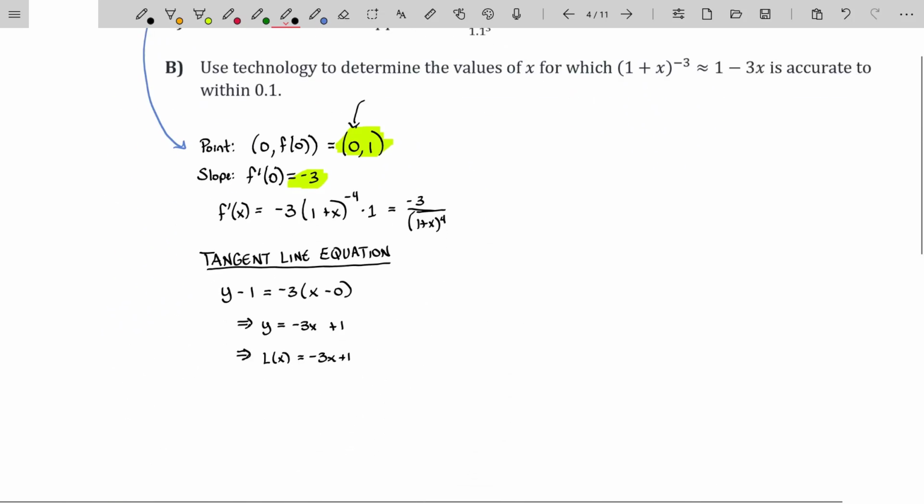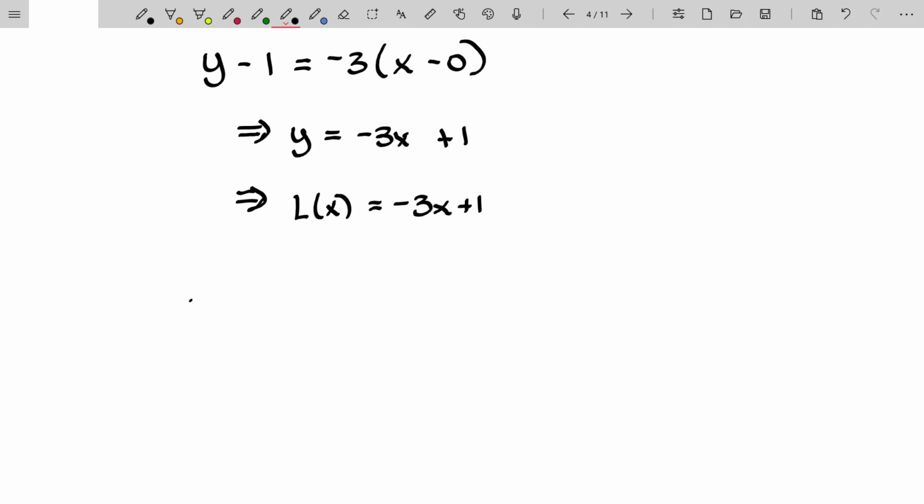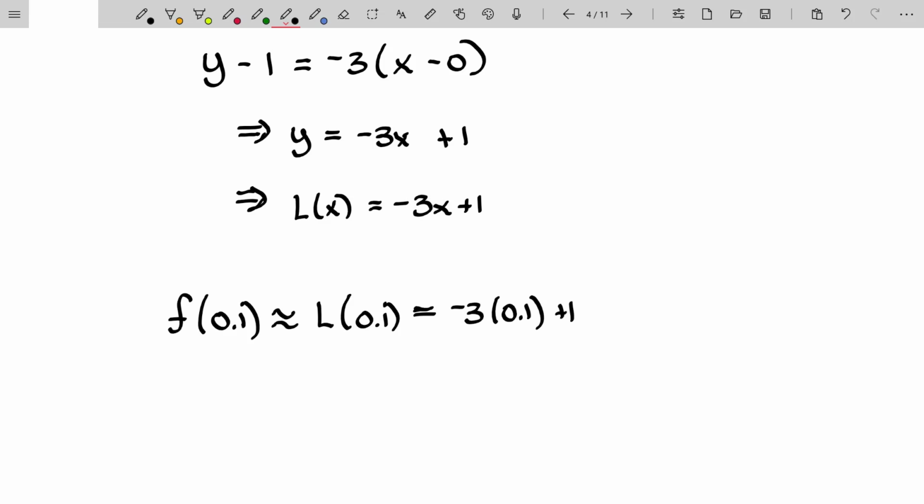So here we go. f of 0.1 is approximately, not exactly, but approximately the tangent line at 0.1, which is equal to negative 3 times 0.1 plus 1. Well, that's negative 0.3. Negative 0.3 plus 1, which is 0.7.